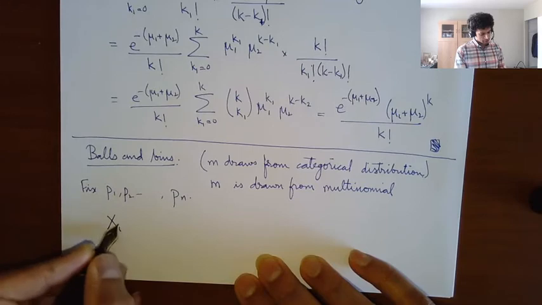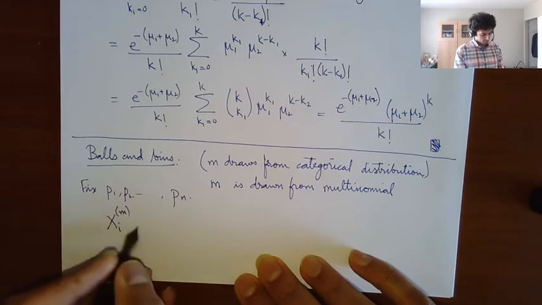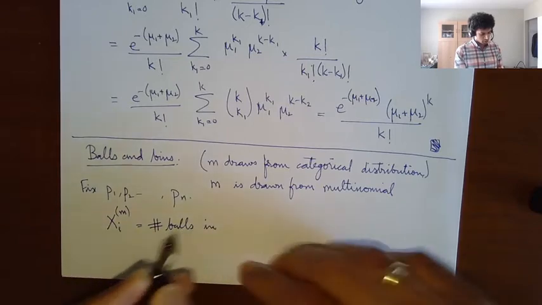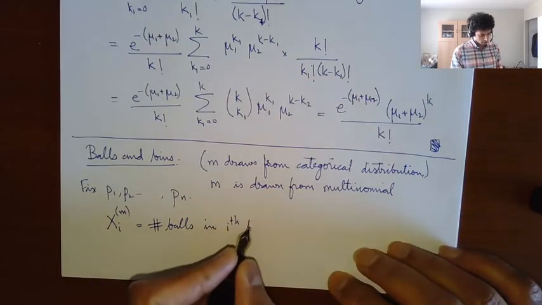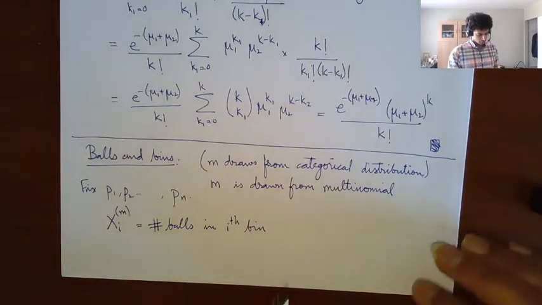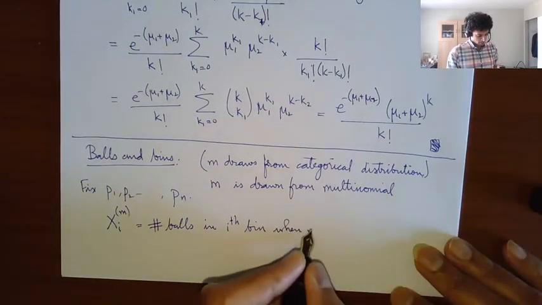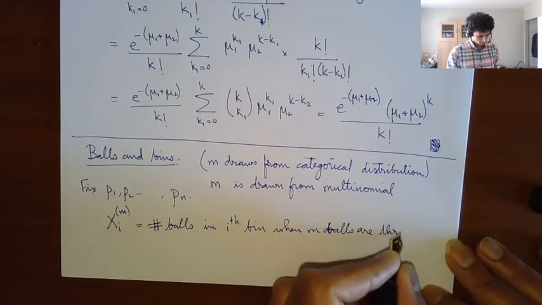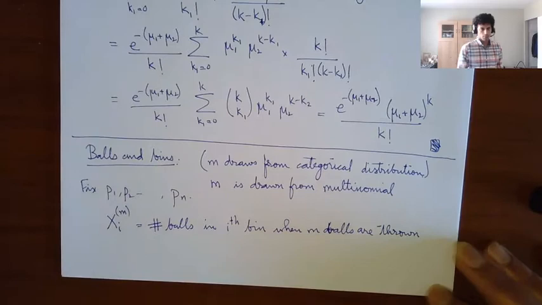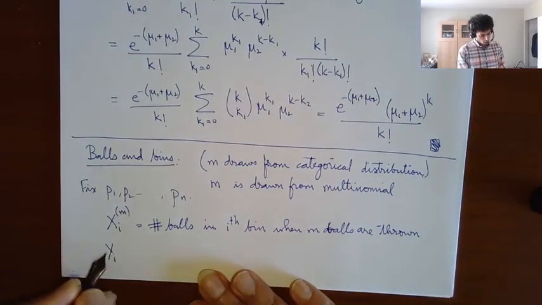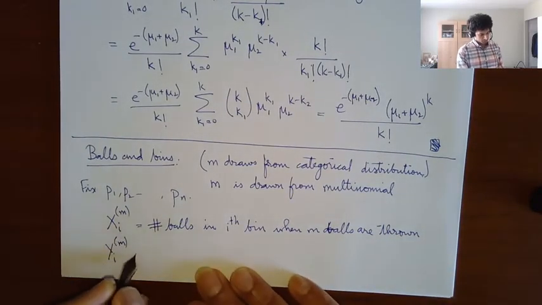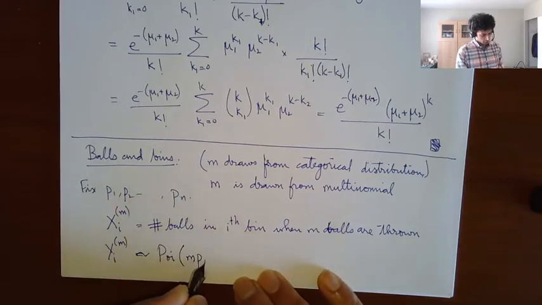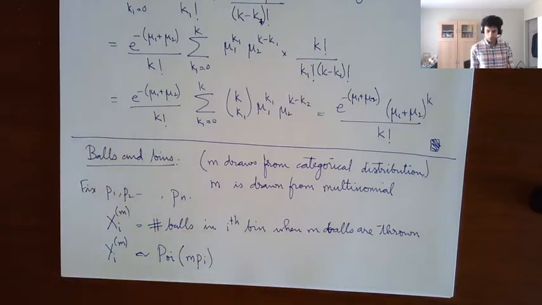And let X_i(m) be the number of balls in the ith bin when m balls are thrown. Let Y_i(m) be distributed as a Poisson with parameter m p_i, which is the expected number of balls.